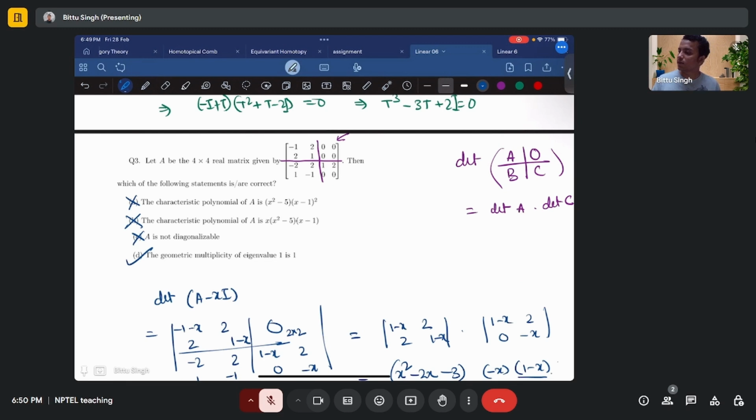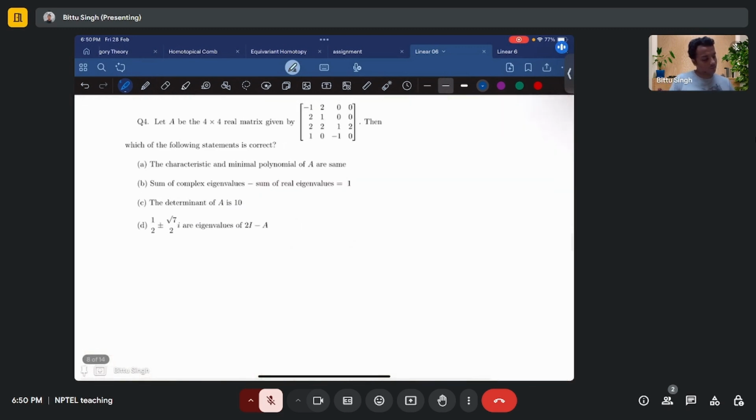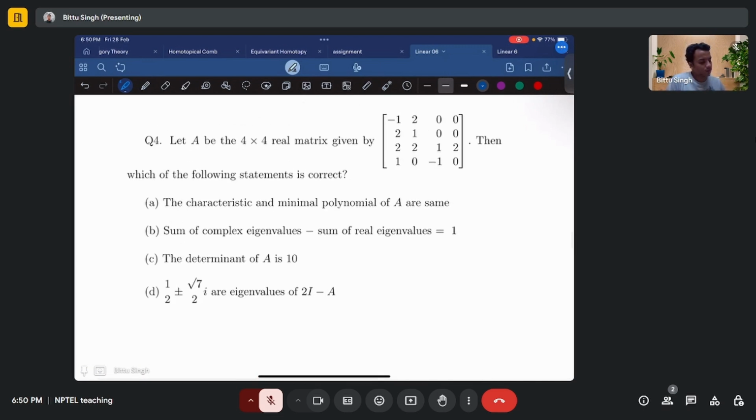Okay, let us solve the next question. Question number 4. Here you can see that A is a 4 by 4 matrix, and we need to see if the characteristic polynomial and the minimal polynomial are the same or not, and other things.